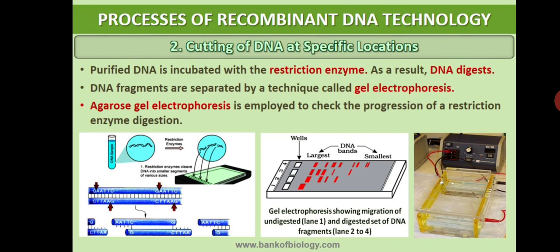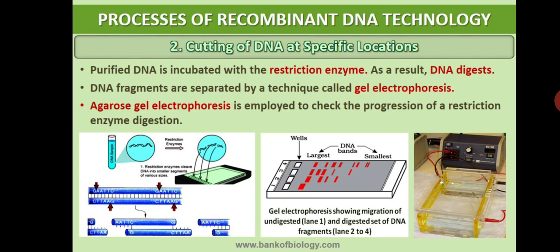To separate the DNA fragments, first you require the entire genome of the organism. By making use of certain techniques, you have to isolate the entire genome of the organism from a cell, either a plant cell, animal cell or any microorganism.